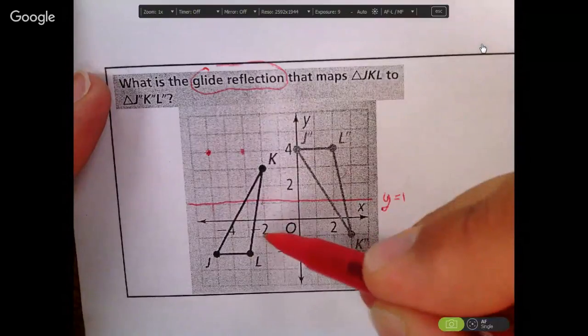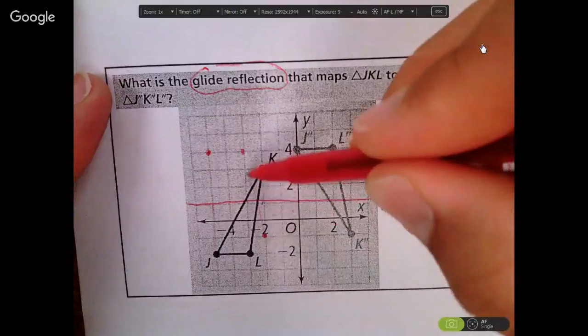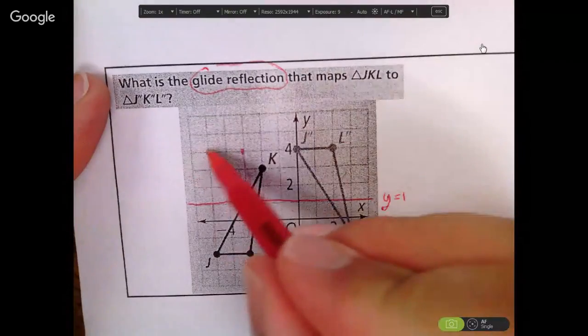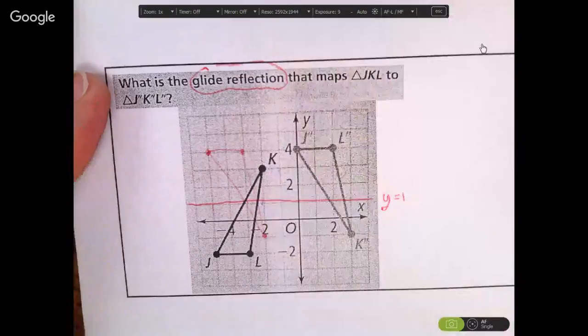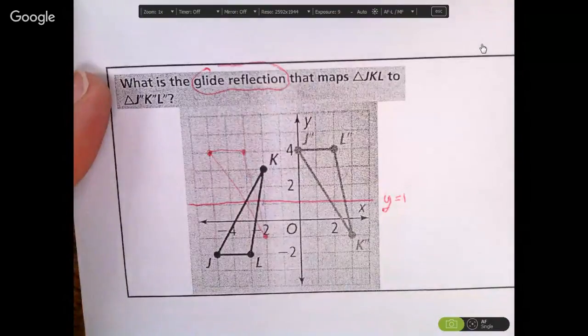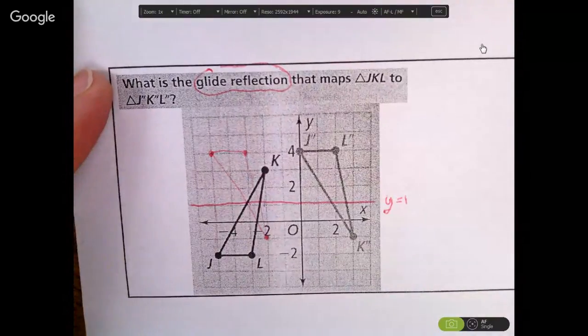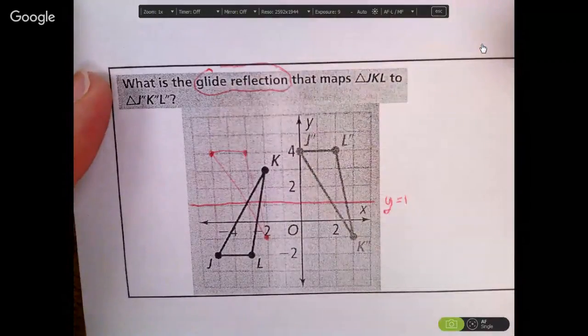But that point ends up being there. And then I like to make it nice and light, because this isn't my final result, okay? And then your glide part would be x, 1, 2, 3, 4, 5, y 0.